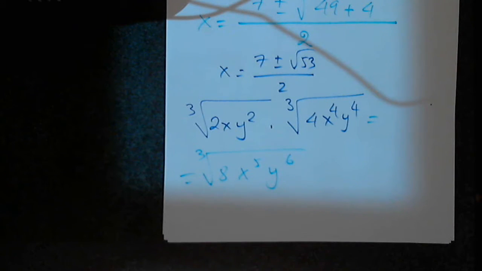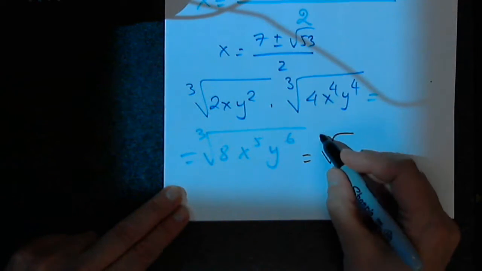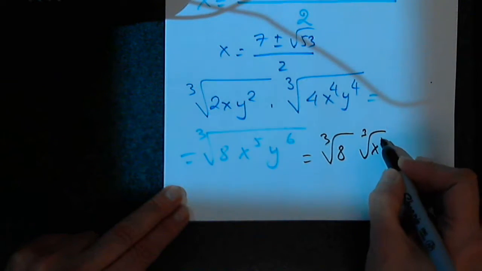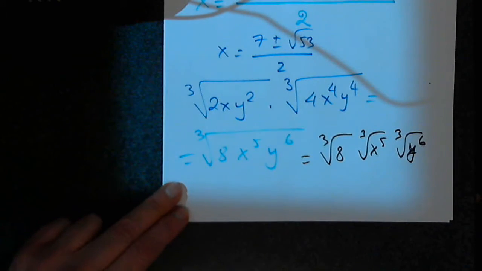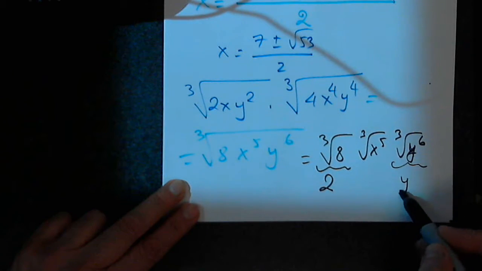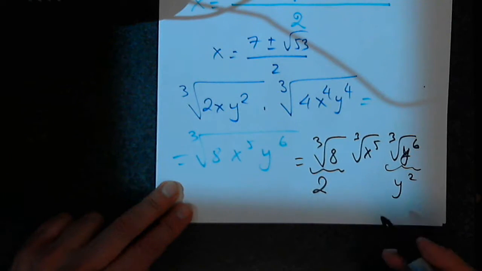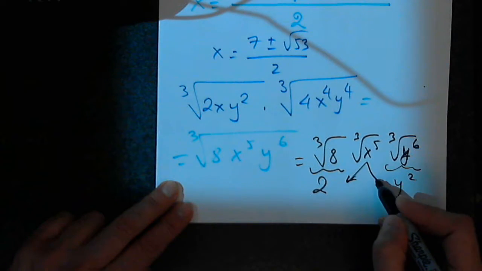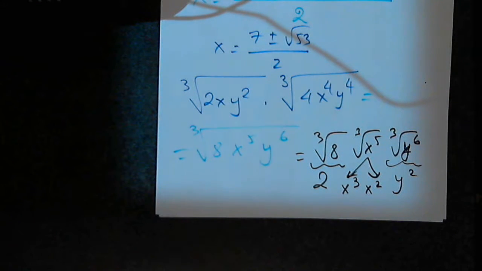Agreed? Perfect. So now I will separate it. The cube root of 8, the cube root of x to the fifth, and the cube root of y to the sixth. And I like this one because it's 2. I like this one because it's y squared. It's 6/3, right? But I don't like this one because I have to split it in x cubed and x squared, because 5/3 is not an integer, 4/3 is not an integer, and I have to stop at 3.